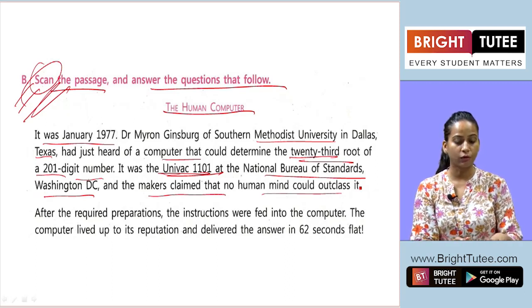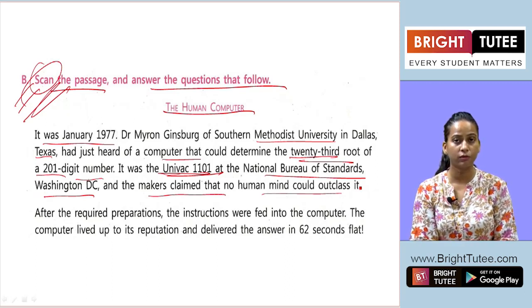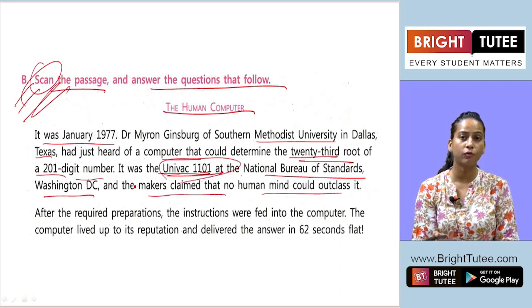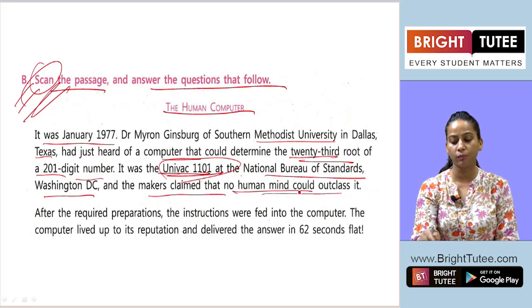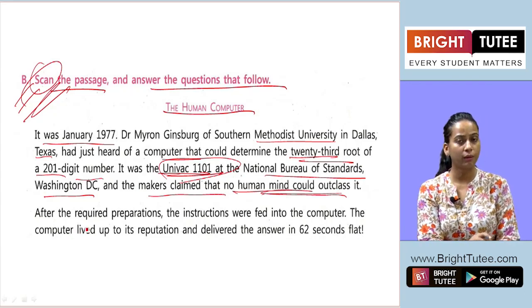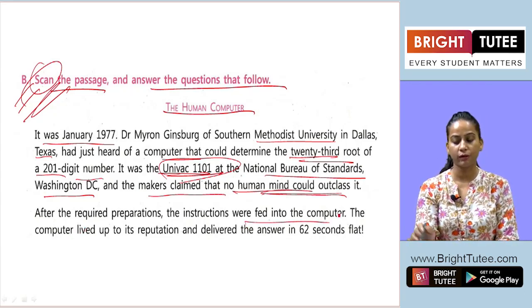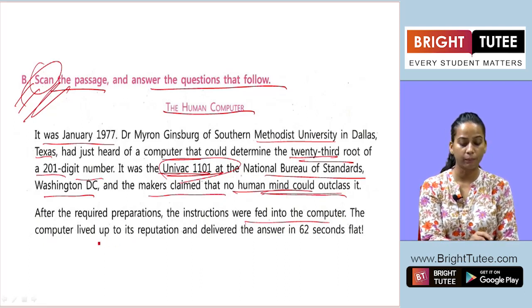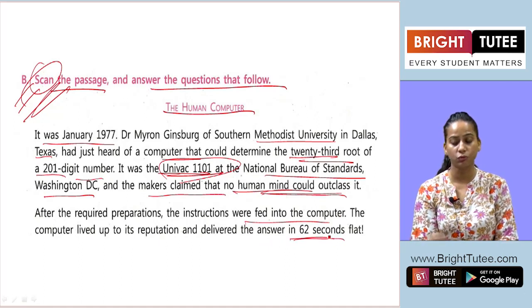So this was the invention related to this UNIVAC 1101, and it was challenged that no human mind could outclass the calculation done by this computer. After the required preparation, the instructions were fed into the computer. The computer lived up to its reputation and delivered the answer in 62 seconds flat.